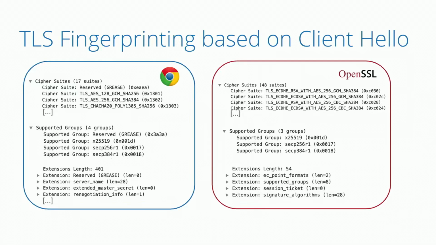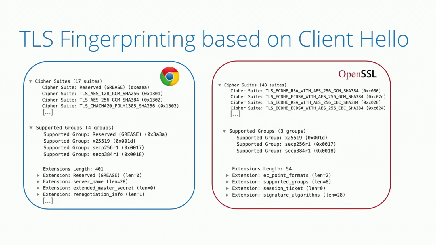Let's take a look at the fields of two client hello messages, one generated by Chrome and the other by OpenSSL. If we look at the list of cipher suites sent by each client, we can see that Chrome sends 17 cipher suites and OpenSSL sends 48. The list of supported groups that they send are almost the same, but Chrome sends this extra value, the GREASE value, at the start of the list. A GREASE value is also prepended to the start of the list of cipher suites.